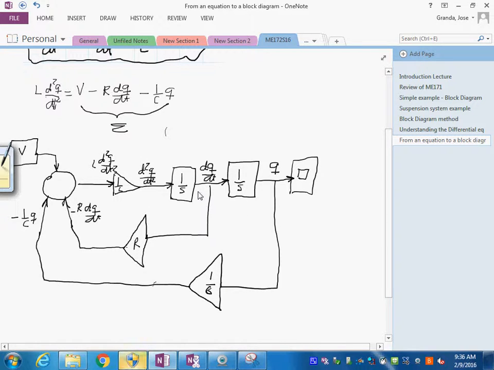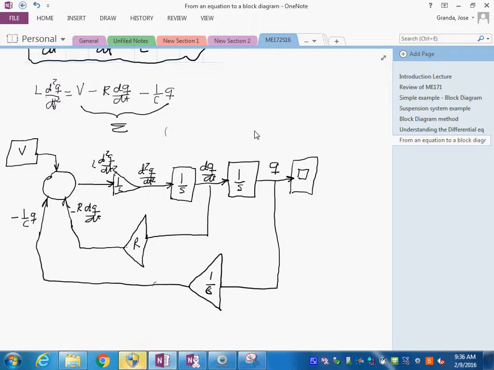Let's just go in here and look for MATLAB, and so we're going to bring Simulink up, and the idea is to transfer this block diagram into Simulink.